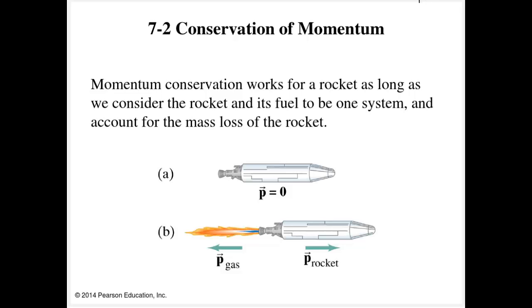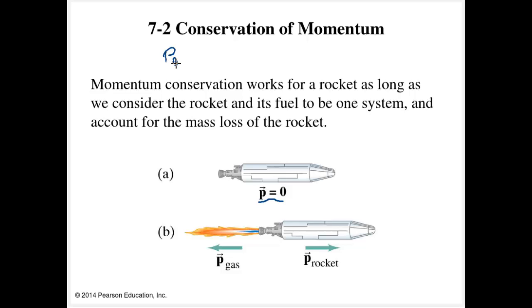A very neat way we can apply the conservation of momentum is to think about how a rocket works. If we consider the rocket and the gas to be one system, and initially it's at rest, we can write down what its momentum is going to be. It's going to be 0.